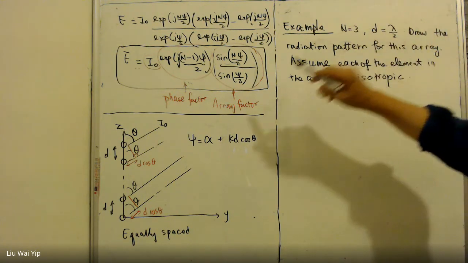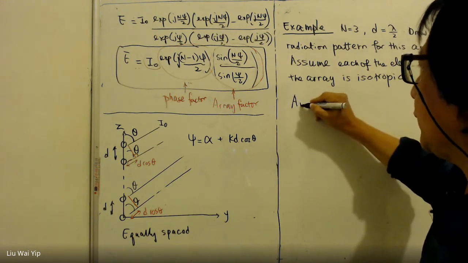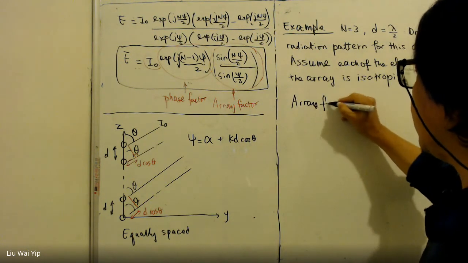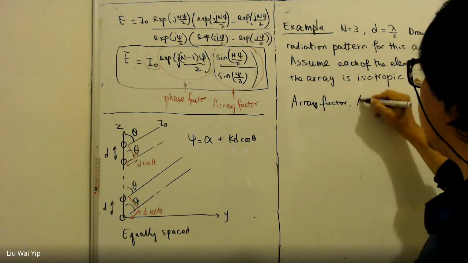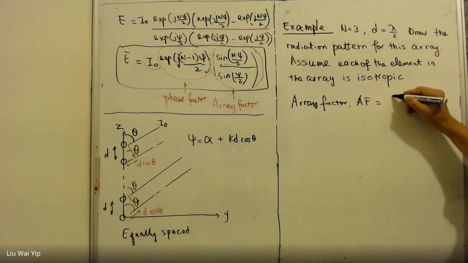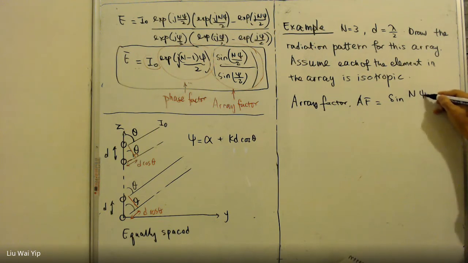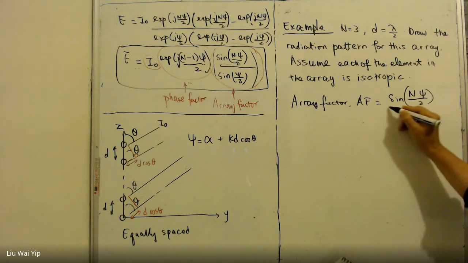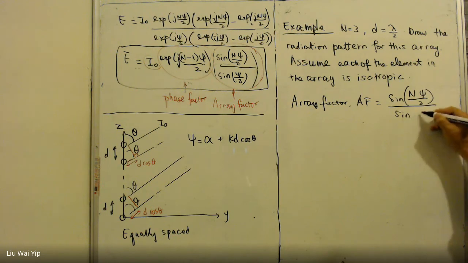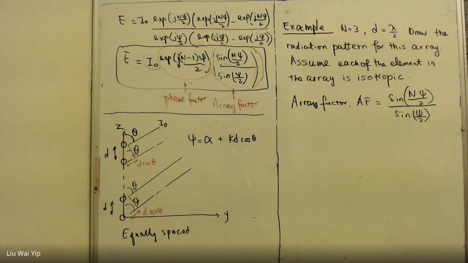So this one is going to be the array factor. The array factor, according to here, is sine n divided by this amount. And now we need to work out the phase difference.